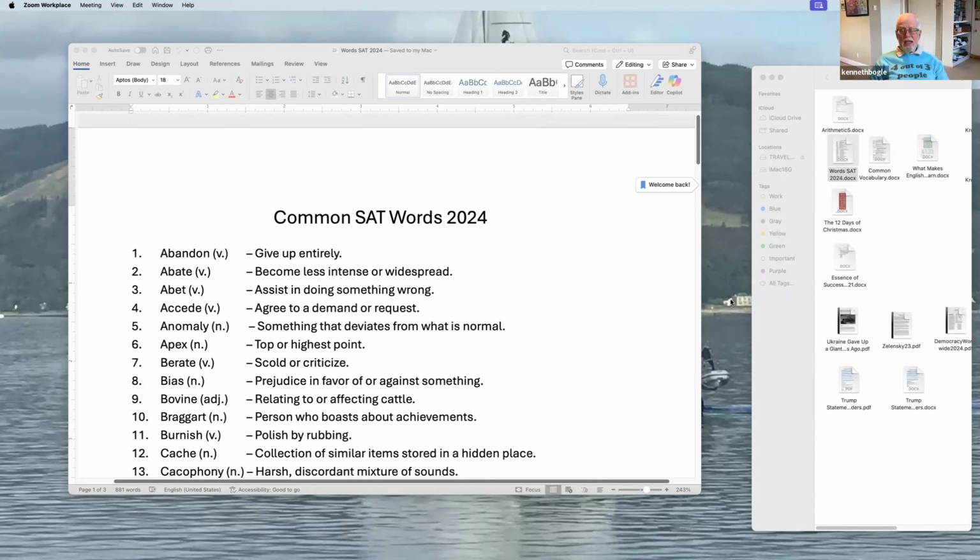The SATs are tests that students need to take to get into a university. And the higher the score, obviously, the more likely that they will get in. And these are common English words that are found on that test.